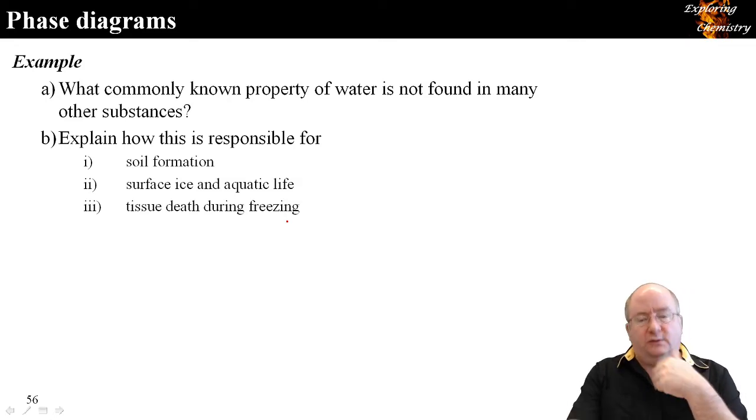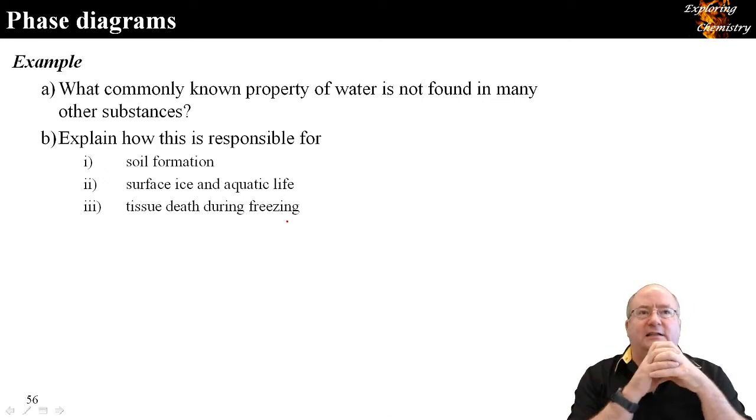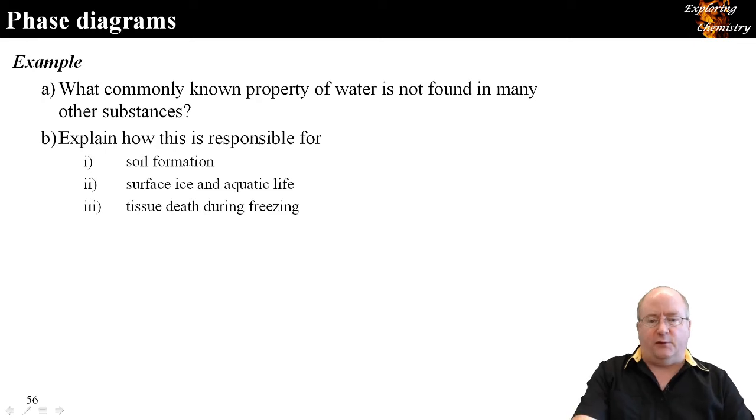So if you want to answer any one of those in any order, type your response in the chat. How is the fact that ice is less dense than water responsible for soil formation, aquatic life, and tissue death during freezing? Go for it.